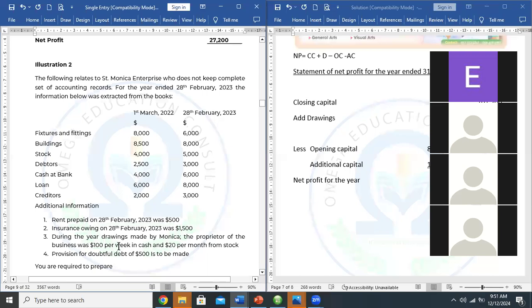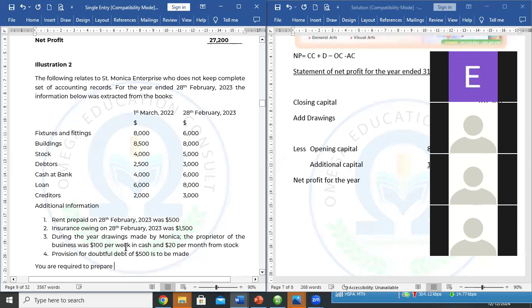was given in the question on a silver platter, just that you have to do some little calculation because we were told that she made some $100 drawings per week.